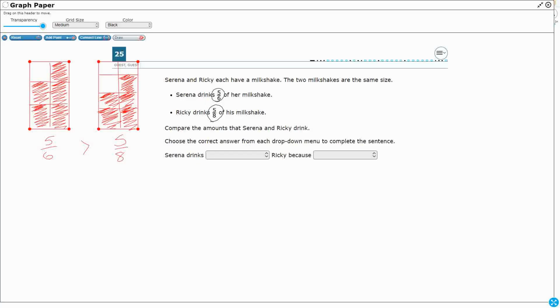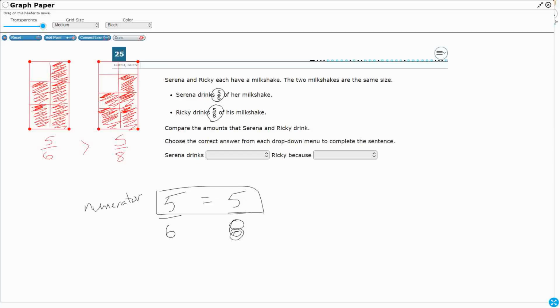You've got the same numerator, right? Your numerator here is 5. So you've got 5 of each. So really the only difference here is your denominator. We're looking at the denominator: we've got sixths and we've got eighths.